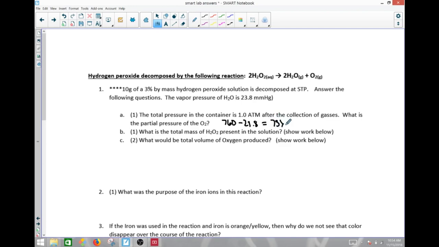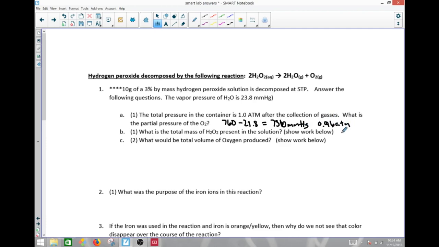Now this is in millimeters of mercury, or torr of Hg, or it's like 0.96 atmospheres. You'd want to show work if you did any work there.